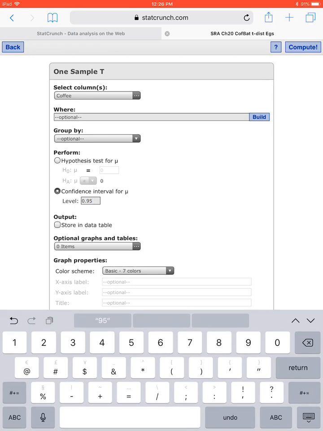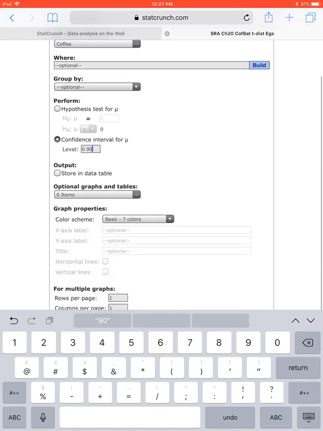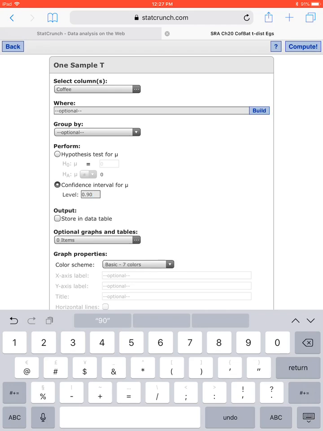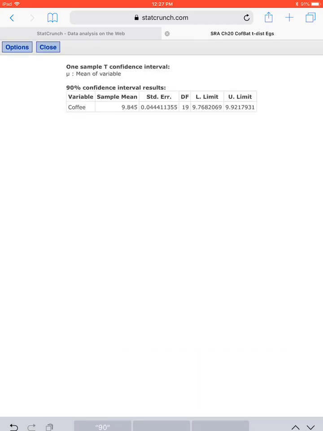And actually, since we're using an alpha of 5%, I really should use 90% here. So I'll do that just so you can see that you are able to change that confidence interval if you want. 95 is actually more popular, but just to make the two tests truly match. And there we have it. I hit compute. It was that fast.